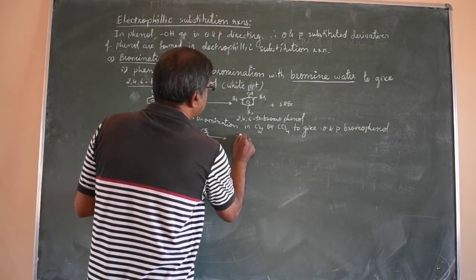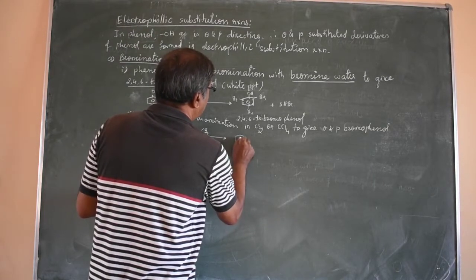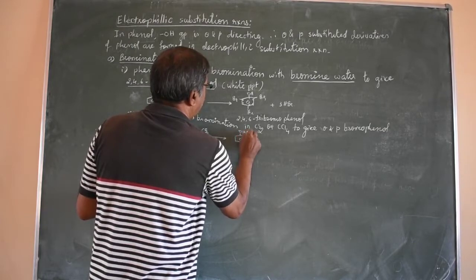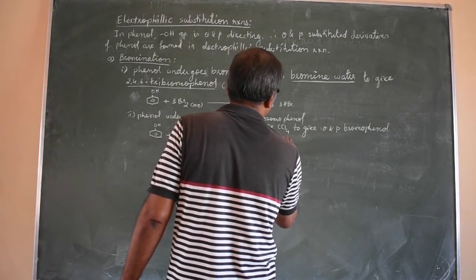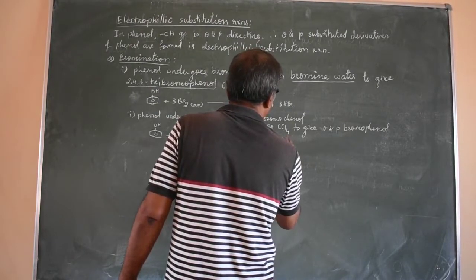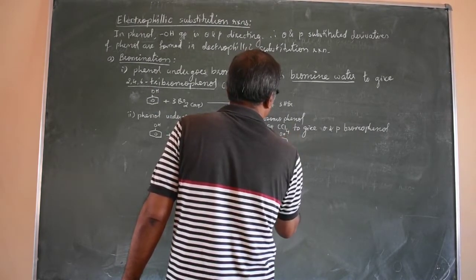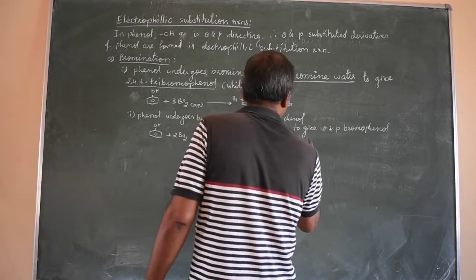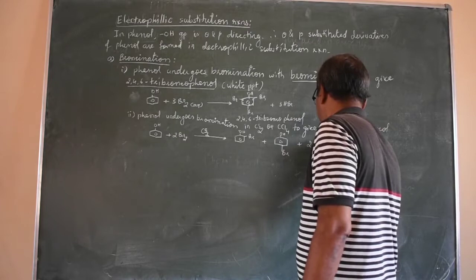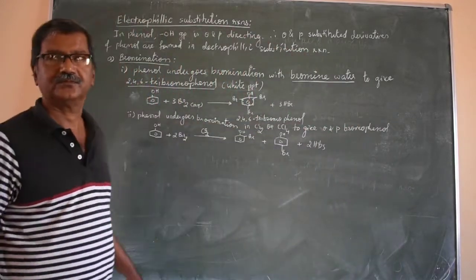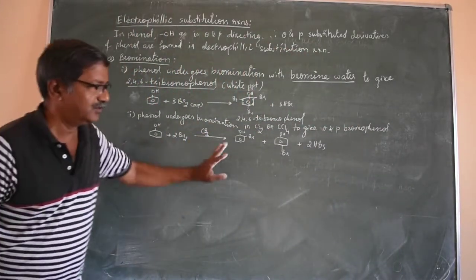The product is ortho and para, because the OH group is ortho and para directing. One more product is HBr. So you are getting ortho and para products.